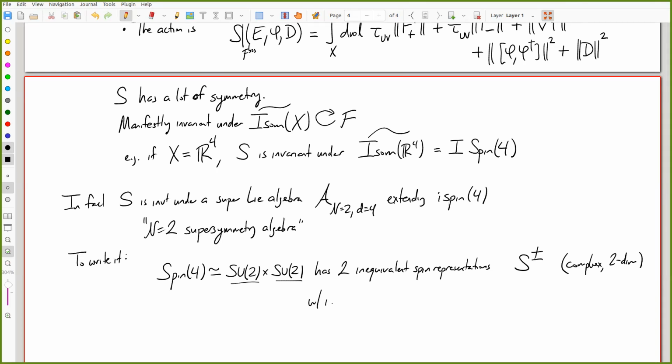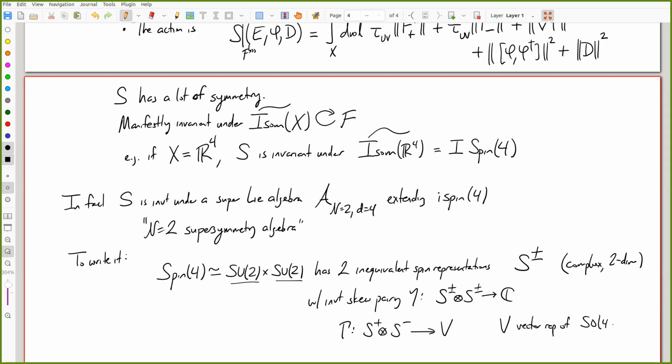Each one has an invariant skew pairing, eta, from S plus or minus times S plus or minus to C. And there's an intertwiner from S plus times S minus, which is isomorphic to the vector representation, the standard four-dimensional representation of SO4. So V is the vector representation of SO4, or rather a representation of spin 4 inherited from SO4.